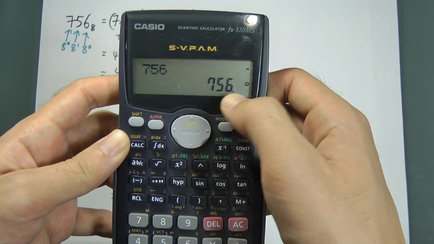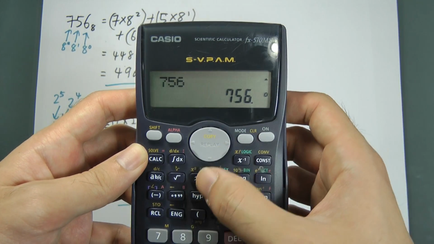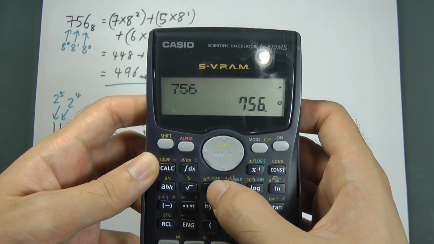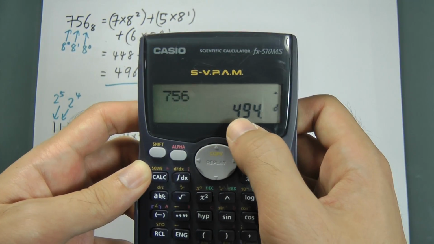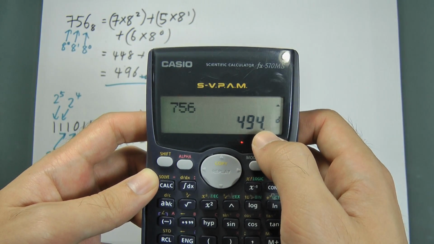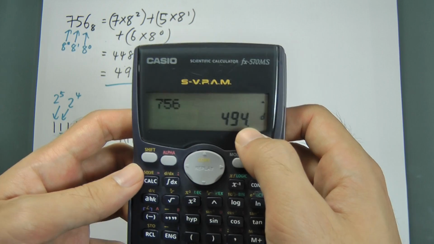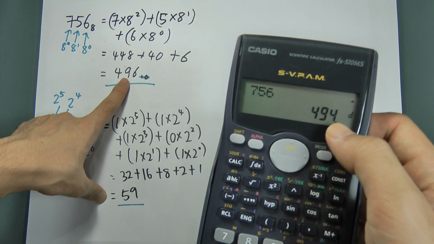Do you see 756 over here? Base 8. If I want to change to base 10, I just press DEC. Then I got 494.